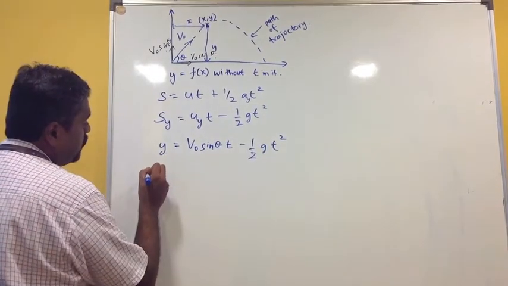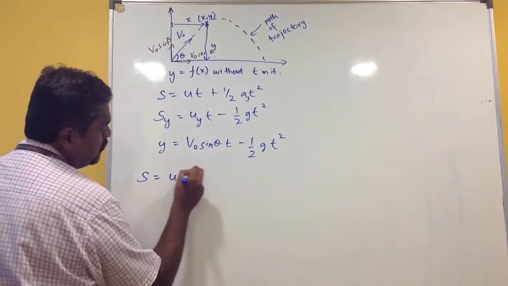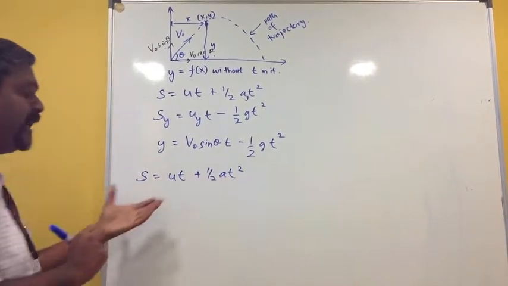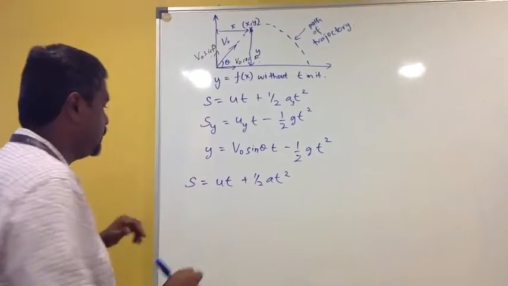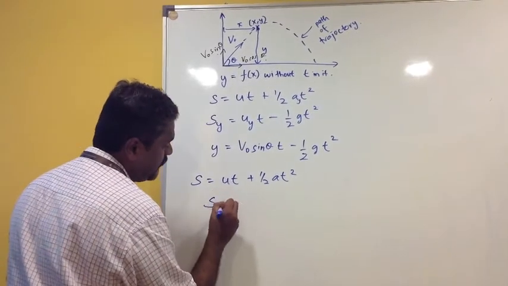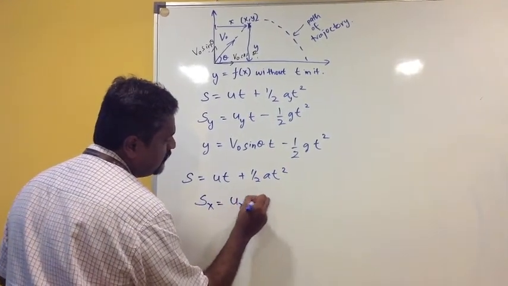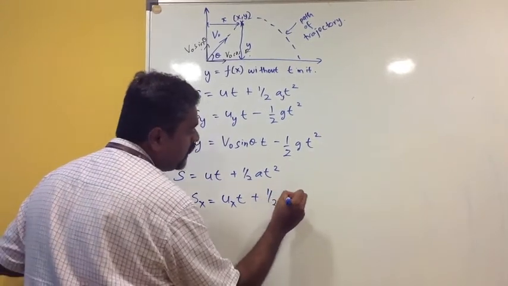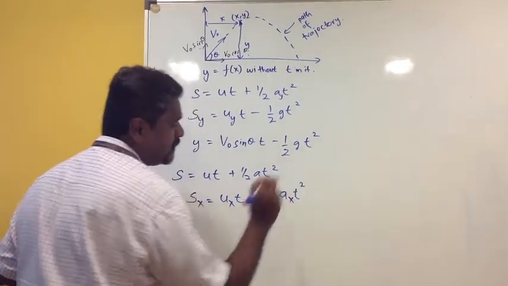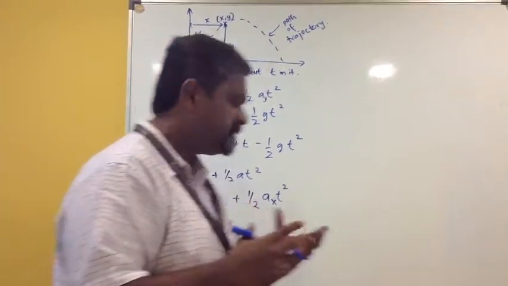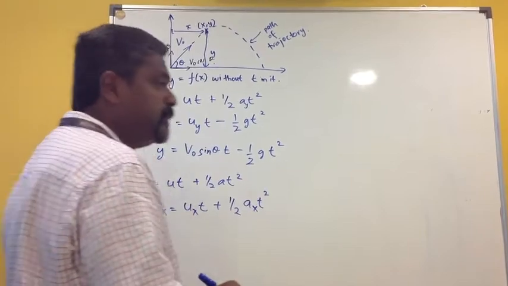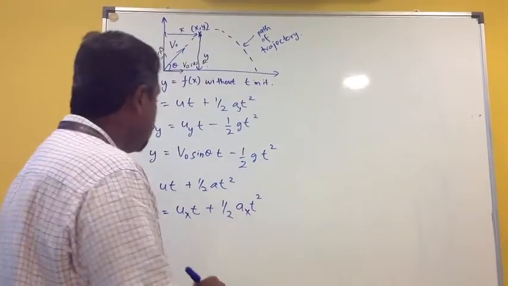Now from the formula again, s equals ut plus half at squared, if we analyze this in the x direction, we would say sx equals ux t plus half ax t squared. But I've already discussed this, and we are in a common understanding that ax equals 0 since there will be no acceleration in the horizontal direction.